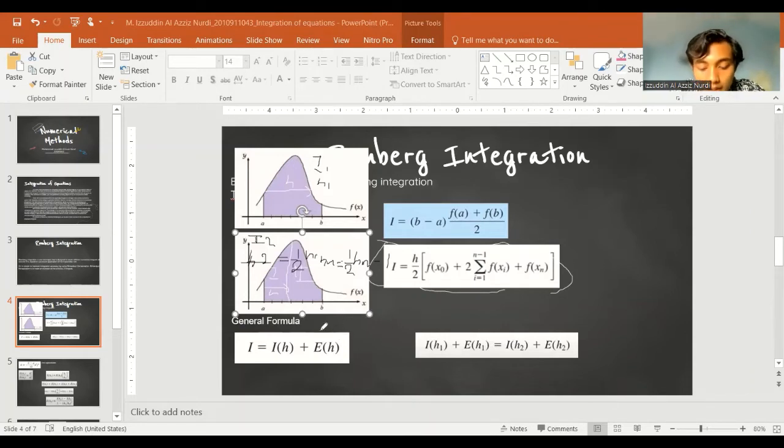Because we integrate a curve with the same interval, we can take a formula like this. This is the simple formula. Basically each one is literally the same. And we go to the next slide.